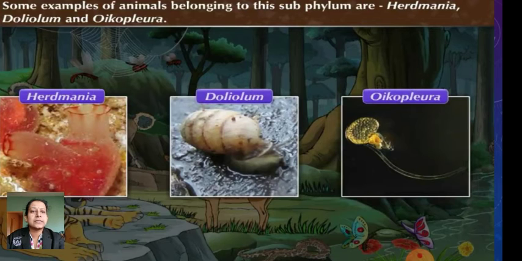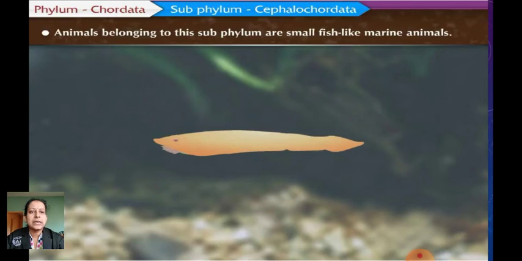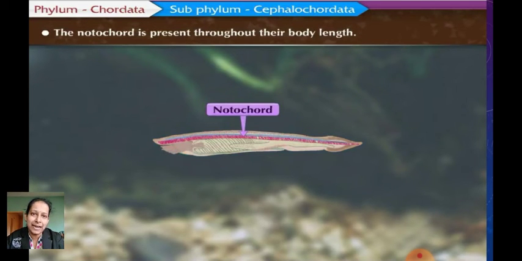Now let us see the next subphylum, that is subphylum Cephalochordata, belonging to the second phylum, Chordata. If you see this animal you will find as if it is like a fish. Since they are small fish-like marine animals, but not exactly fish, they belong to this subphylum, Cephalochordata.